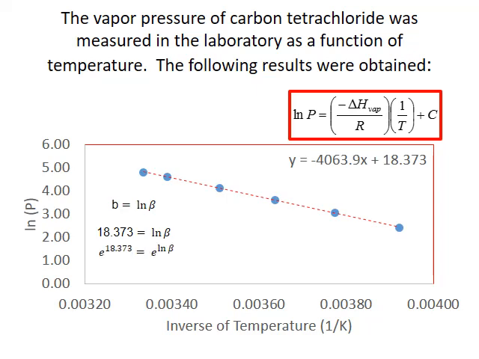This will eliminate the natural log on the right-hand side and return just beta. So we have beta equals e raised to the 18.373 power, or 9.53 times 10 to the 7th. We use the units torr to match the pressure units for our y-intercept.